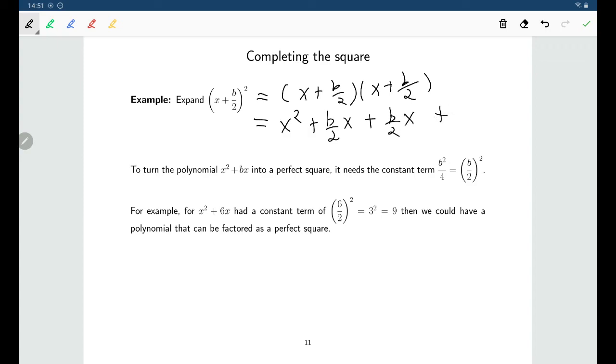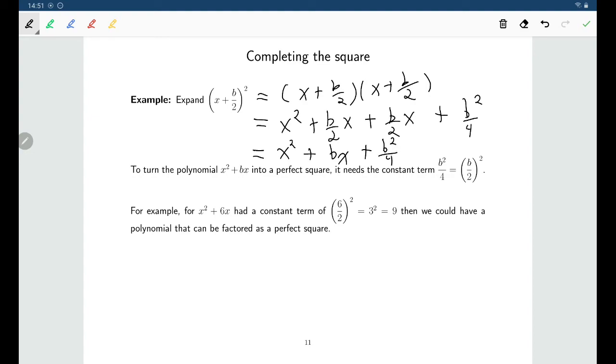We would have b over 2 times b over 2. That would be b squared over 4. You'd have x squared plus b times x plus b squared over 4.